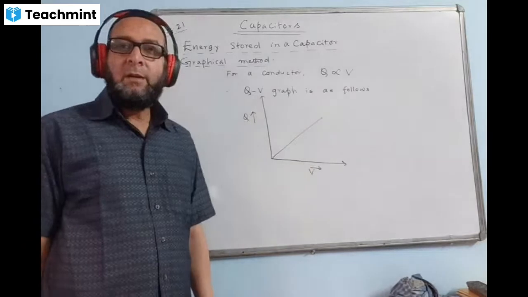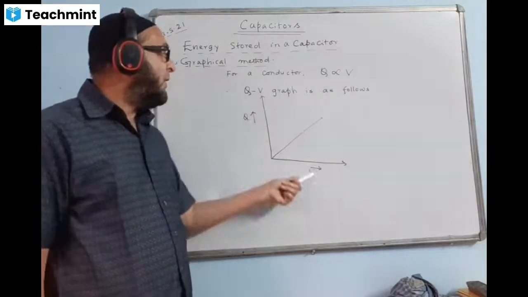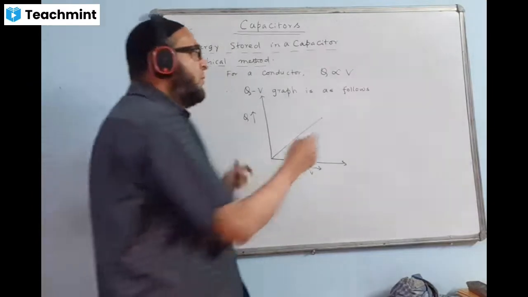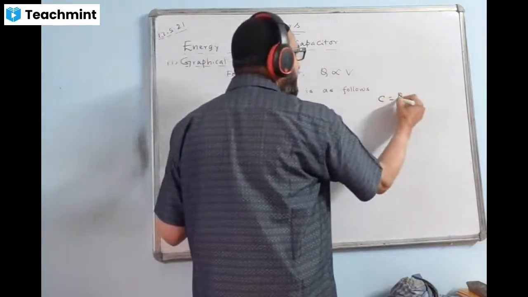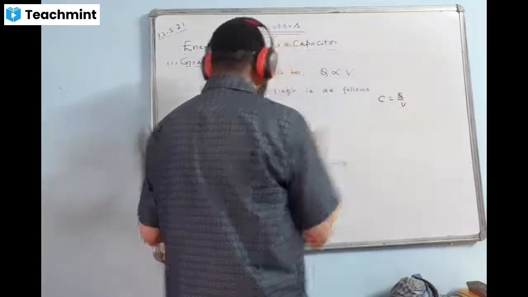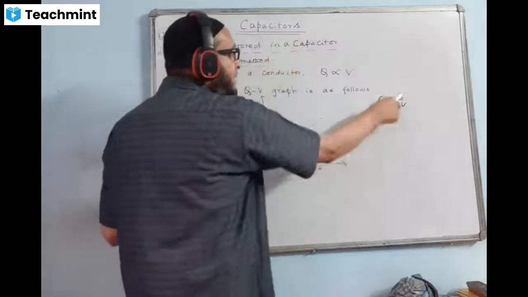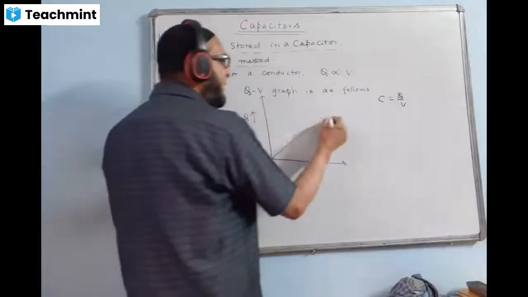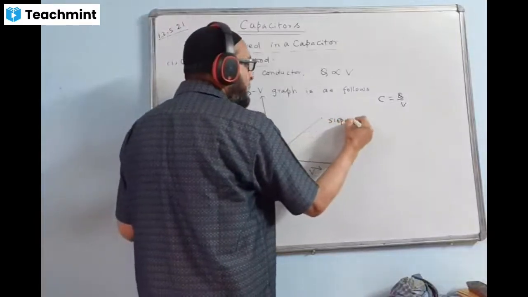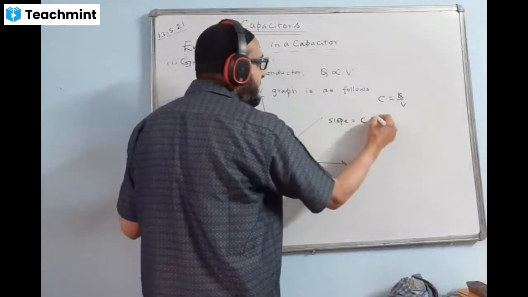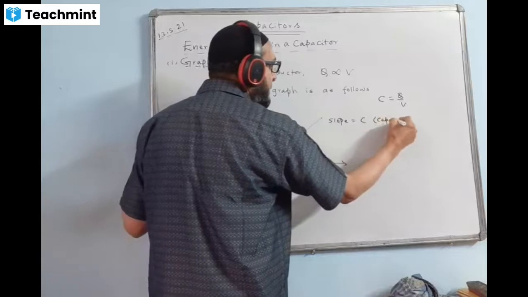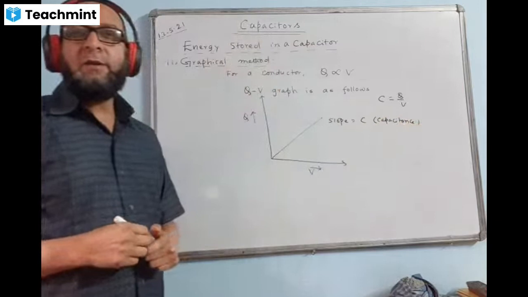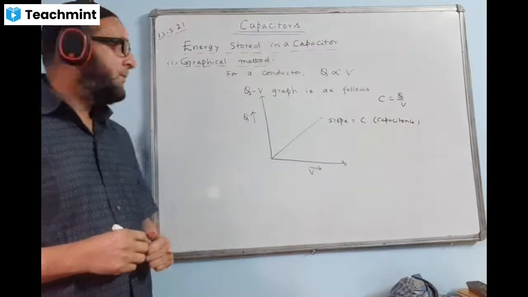When you divide Q by V, you will get the value of C, because we know the formula C is equal to Q by V. Charge upon potential is called capacitance. So the slope of the QV graph determines capacitance.